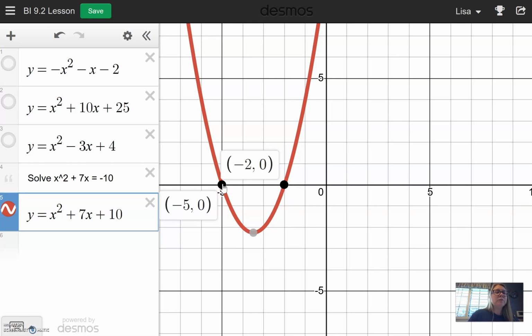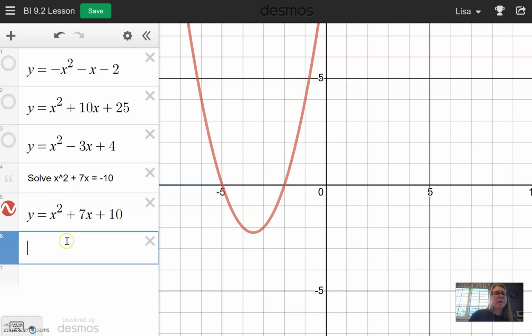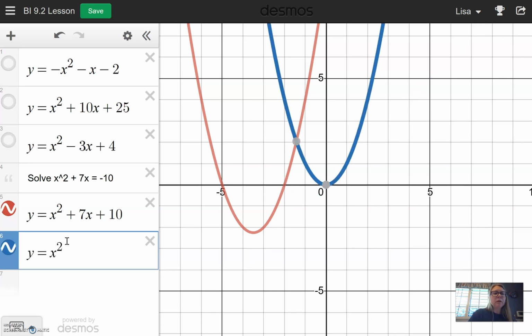Okay, you're going to be faced with a second method for doing this. We're going to see that we end up with the exact same solutions by doing that. So the second way is to make a graph out of each piece. I'm going to take this first piece and make an equation out of that, put that in. I'm going to start with y equals, so y equals x squared plus 7x.